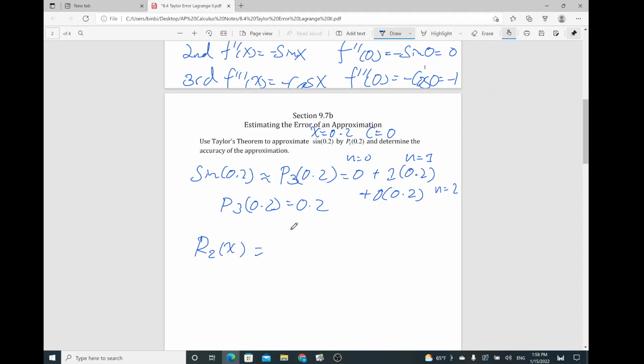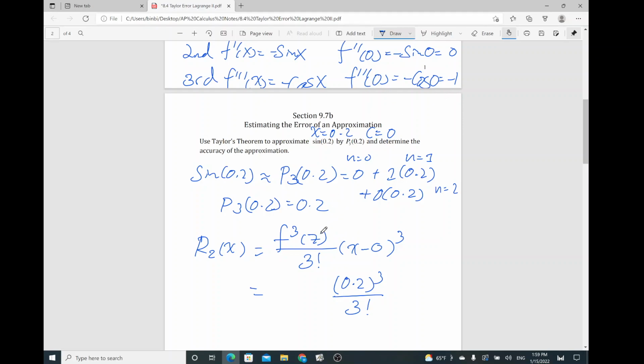Which means it's the third derivative of z over 3 factorial times x minus c, where c is 0 here, to the third power. So this is 0.2 to the power of 3 over 3 factorial, and the third derivative gives you -1.